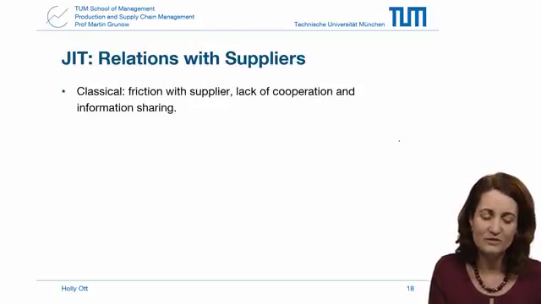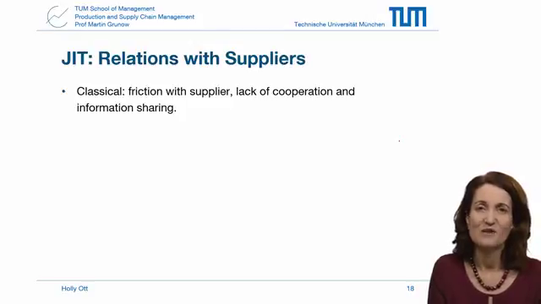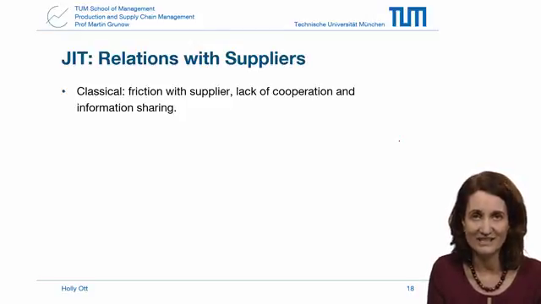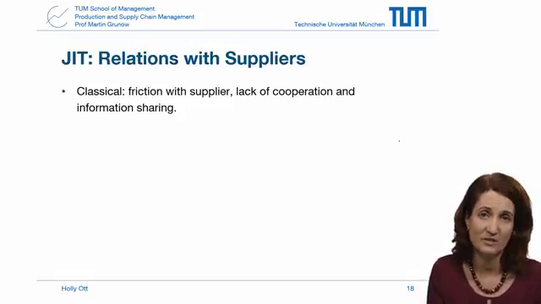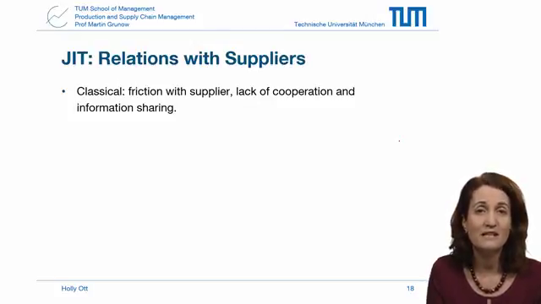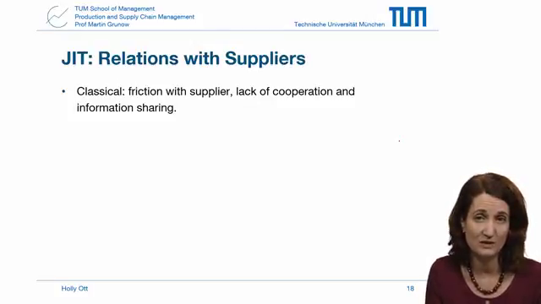So the traditional view of suppliers, now fairly old-fashioned, is that many suppliers compete mostly on cost, and there's no win-win situation. The producer tries to make as much profit as possible by buying at a low price and can only benefit at the expense of the supplier and vice versa. This causes friction, lack of cooperation, and discourages information sharing. One side is going to win, the other side will lose.